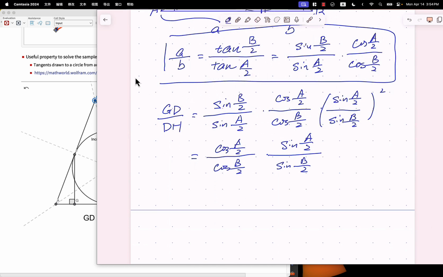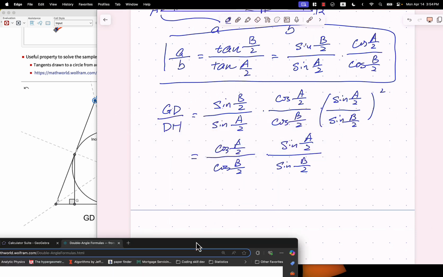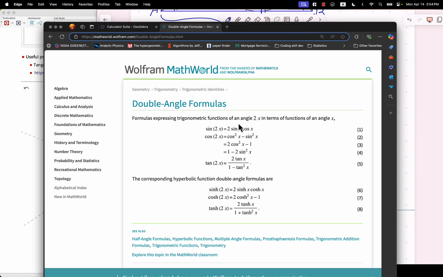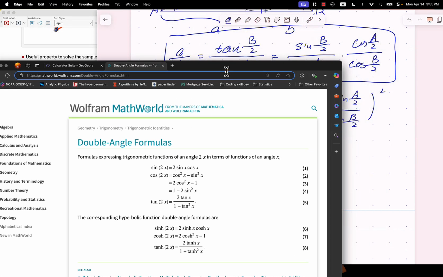Then let's go back to the double angle formula. We can see that sine 2x is 2 times sine x cosine x. So what if we replace x here with half A?